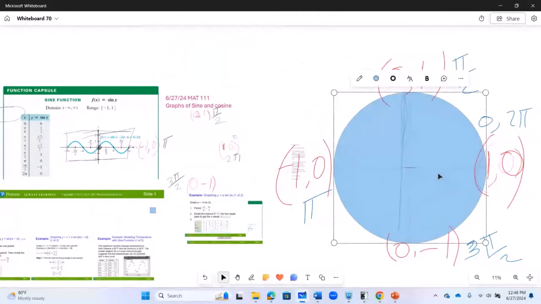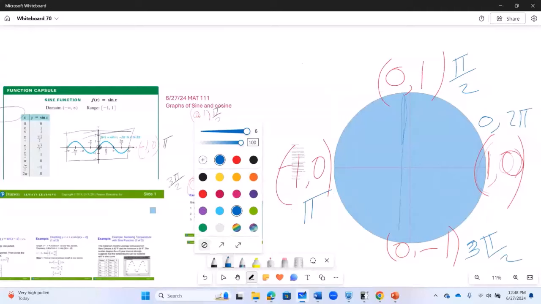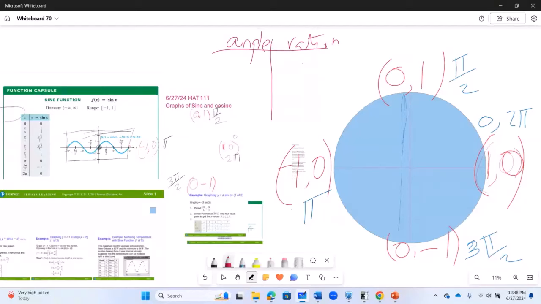Okay, so now I want to make a small table. This is angle. The angle can be degree or radian, but you know we're talking about radian. And then we go ratio here. I'm only talking about the angle, not sine.